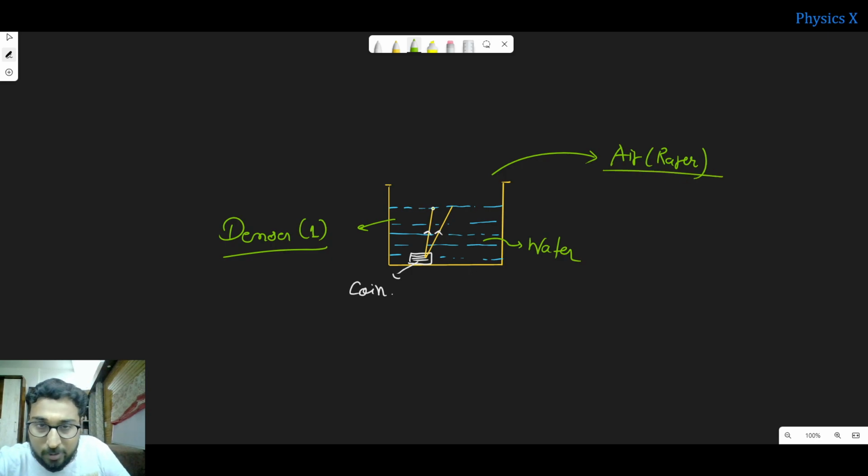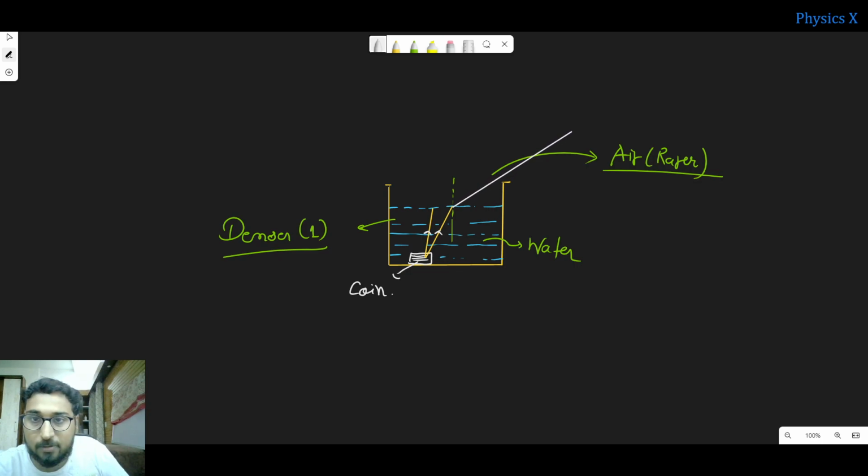According to this, if I draw the normal in both these cases, suppose this is the normal here, what will happen? I just told you. This will deviate away from the normal, so it will come around like this.